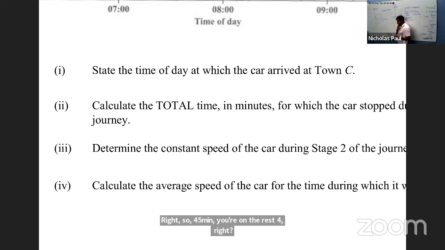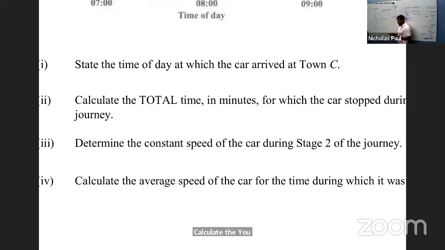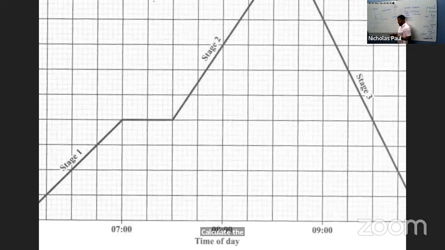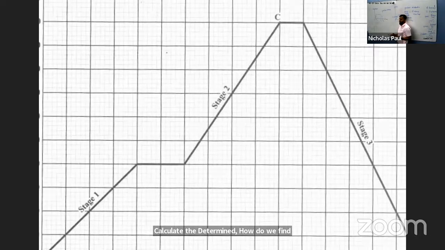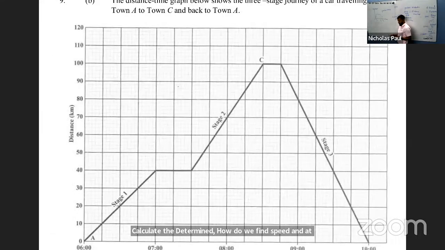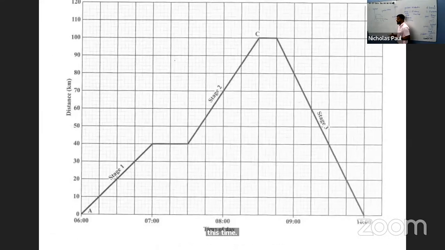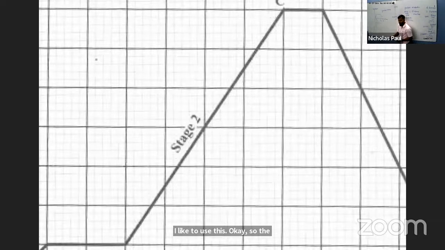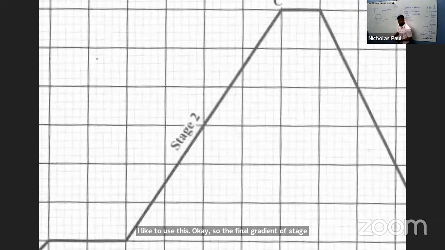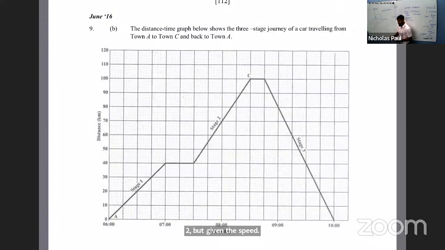Determine the constant speed during stage 2. How do we find speed on a distance time graph? Use a relationship. How do we find speed here? Gradient, right? So to find the gradient of stage 2, we get the speed.